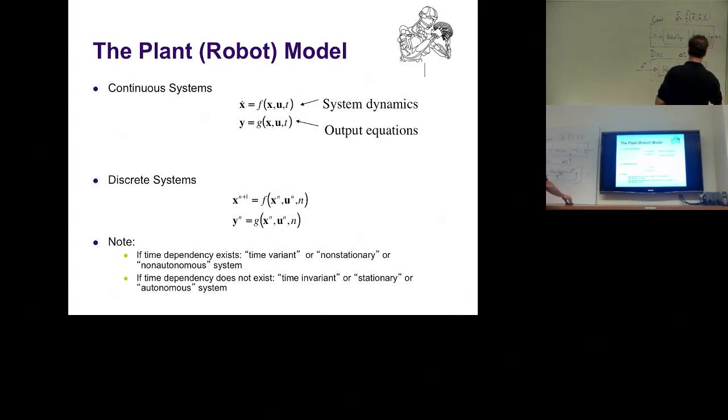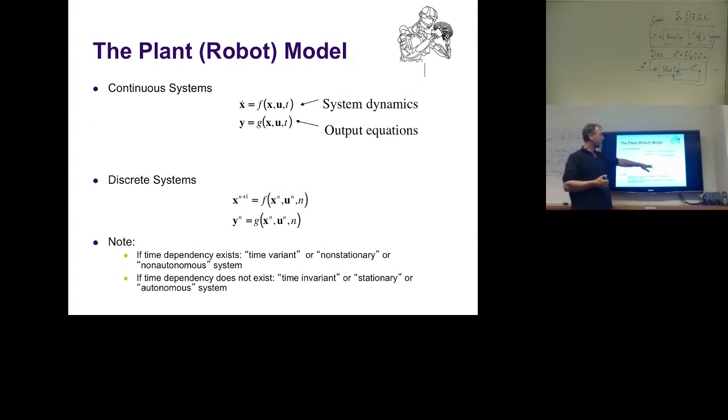The same thing holds for the discrete system. I can basically write x_{n+1} equals f of x_n, the current state, comma, u_n, and now we don't use time, we use n for the discrete time step number n. Okay.